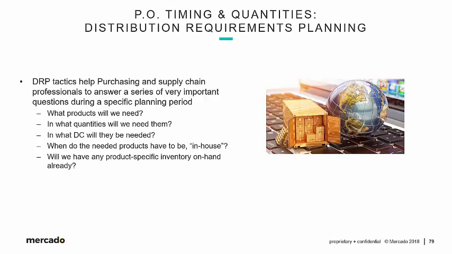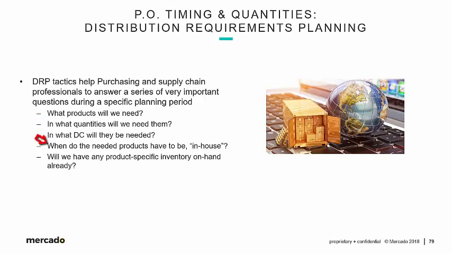Pretty common sense stuff, but not so easy to do out in the field. What do we need? What products will we need in future time buckets over a given planning horizon? In what quantities will we need them? In what DC will they be needed? In what distribution center? Especially if we have more than one in the US, which most companies do.